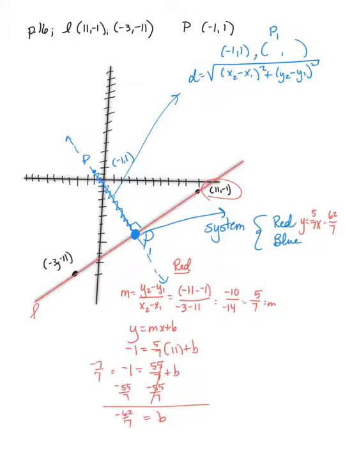Now let's look at the blue line. The blue line is going to have the negative reciprocal slope of the red line. So for my blue line, my slope is negative 7/5. And I know that negative 1, 1 is a point on the line. So y equals mx plus b.